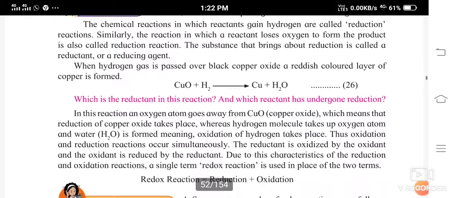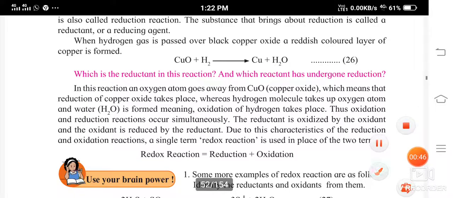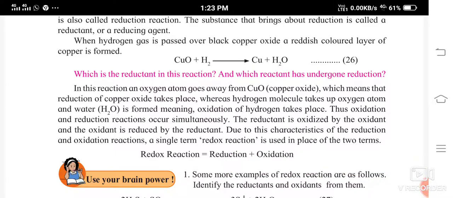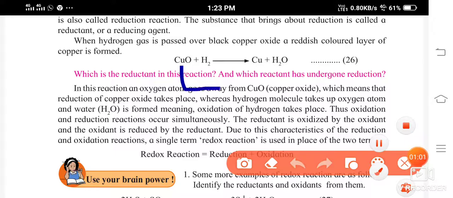Now see, here in this equation you can see copper oxide plus hydrogen. In these two cases, copper oxide has become copper. Means what has happened?